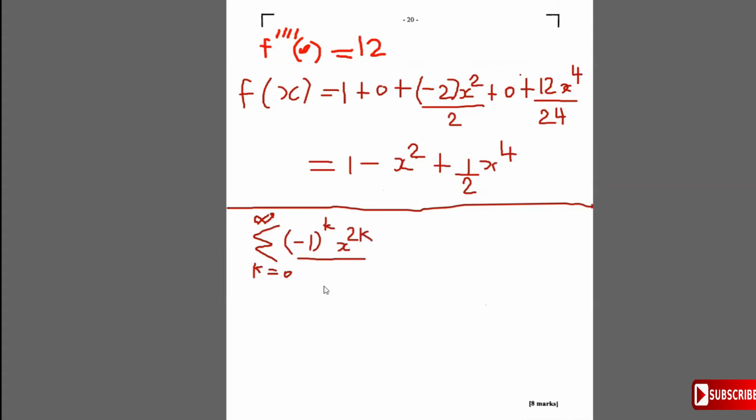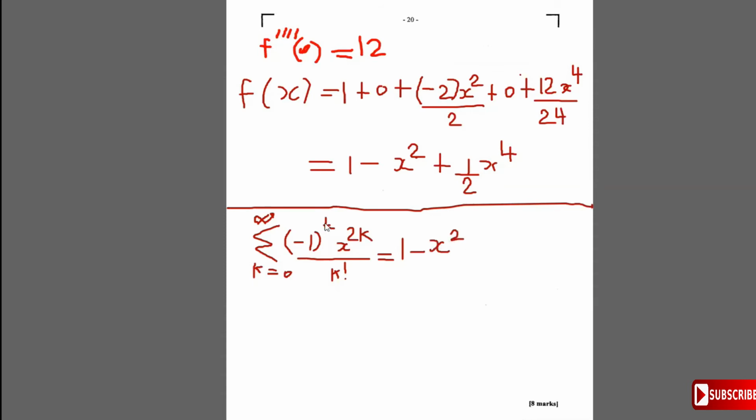Let's see. When you put k as 0, minus 1 to the 0 is 1, x to the 0 is 1 over 1, so you get 1. Put k as 1, you get minus 1, now you get x squared over 1 factorial, so you get minus x squared.